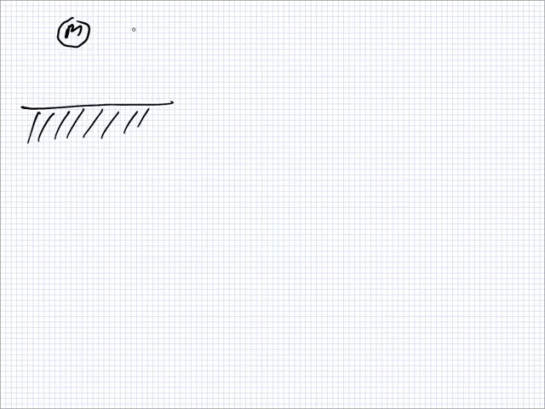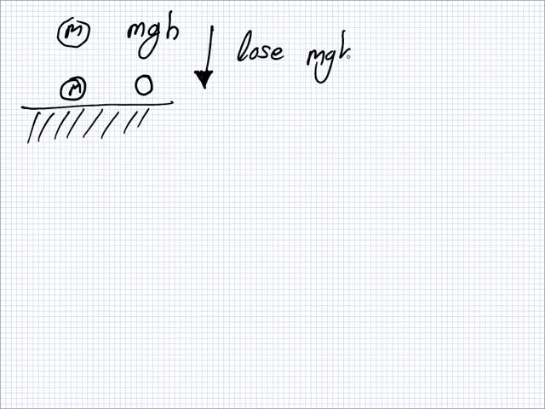What's the potential energy here? mgh. And here, on the ground, it's 0 when it's on the ground. So when it falls, what happens? It loses mgh potential energy.